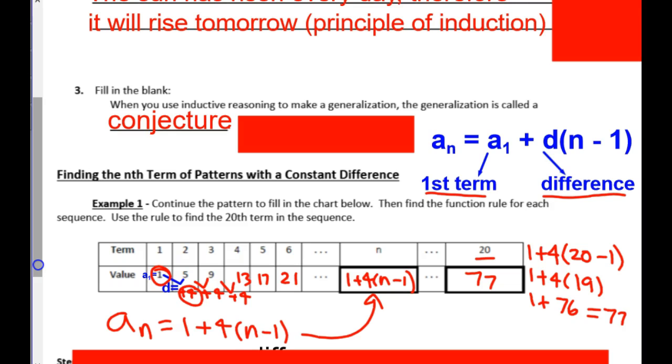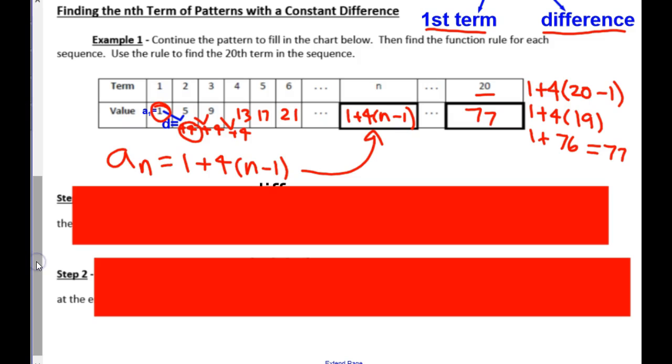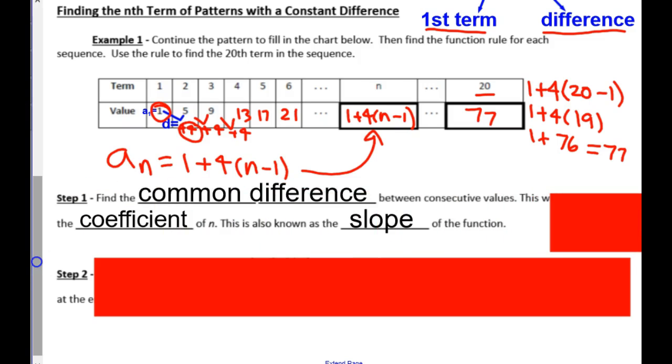Okay? At the bottom here is another way, using a similar method. Step 1, finding the common difference. Now we did that, right? The common difference was plus 4 each time. Okay? And that is going to be the coefficient of n.